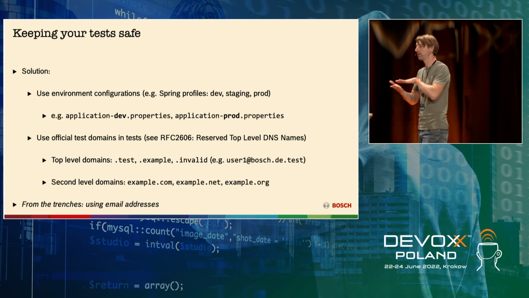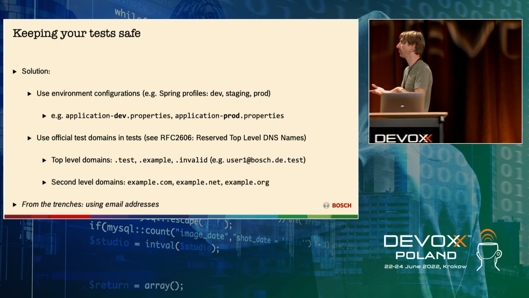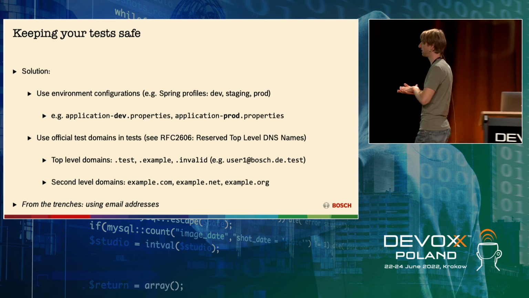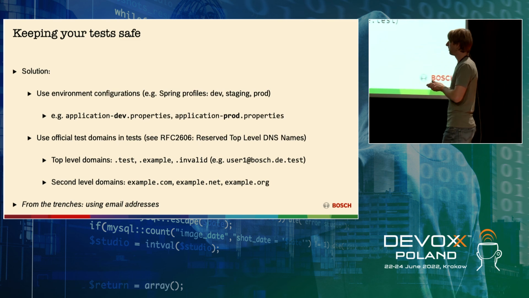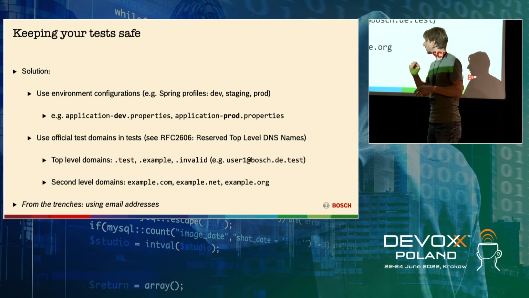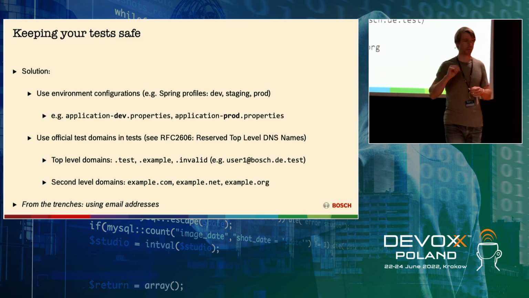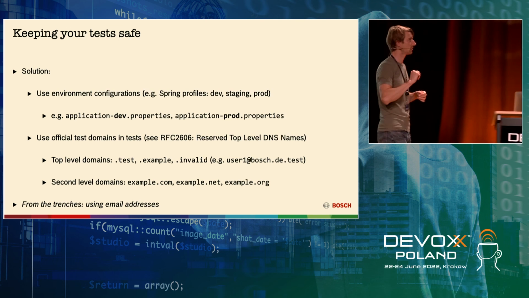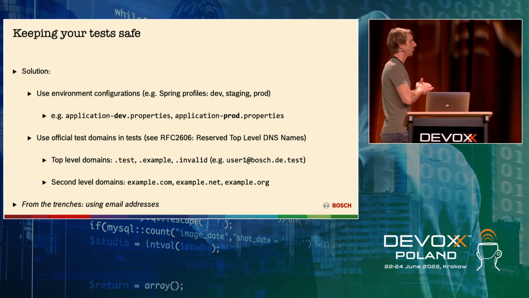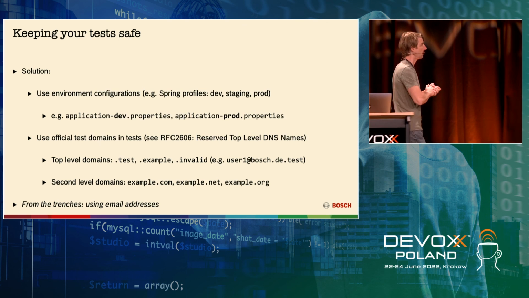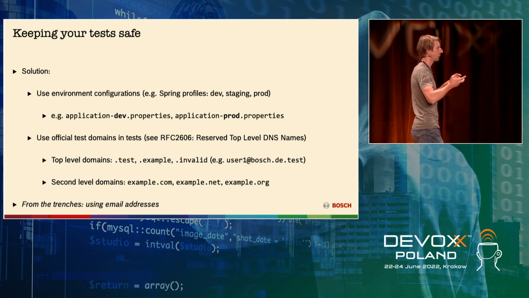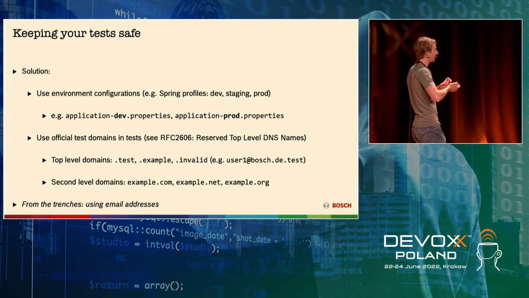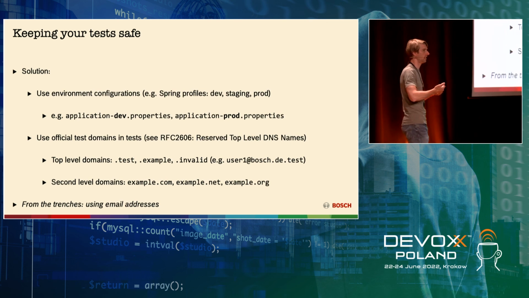And for that, you can have environment-specific configurations. In Spring, that's really easy to do with the Spring profiles. application-dev.properties, application-prod.properties, and so on. Probably most of you know that. Here, make sure that your fallback file, so the application.properties, has safe settings.